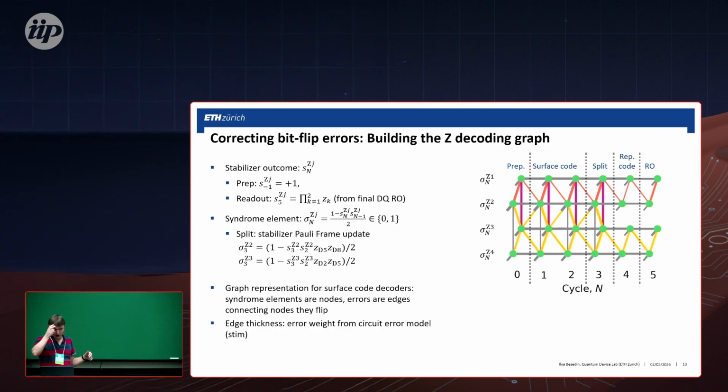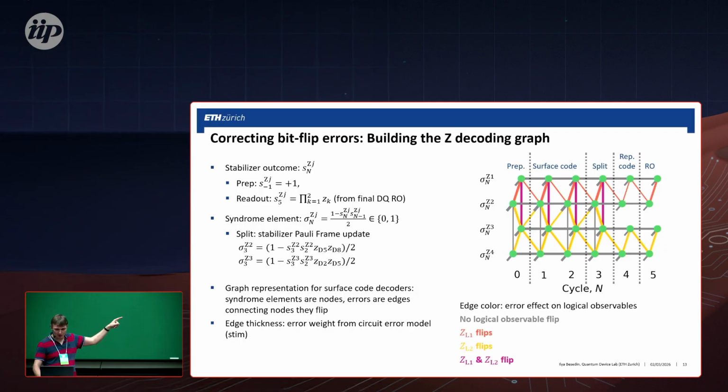So you can have this graph representation, and the edge thickness here shows how likely an error is. These thicknesses are obtained from the stabilizer circuit simulation. Some of the errors flip the logical observables, some don't. The orange one flips one bit flip code, the yellow one flips the other bit flip code, the purple one flips both, and the gray ones don't flip anything.